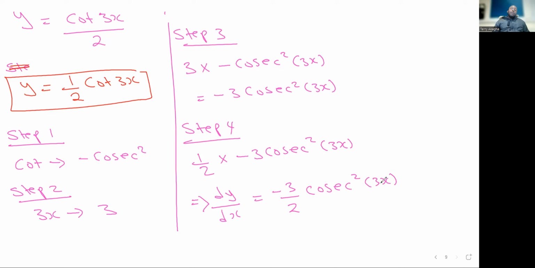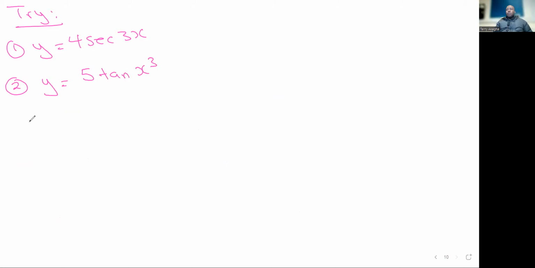All right. Okay, so that will be the end of the examples I'm going to use while solving this question. Let me give you some to try. So what if you were told that number 1, y is equal to 4 sec 3x? Number 2, y is equal to 5 tan x cubed. Number 3, y is equal to 7/3 cos minus 4x.